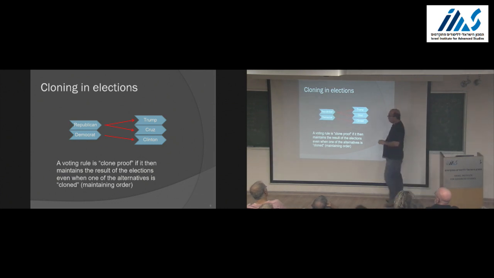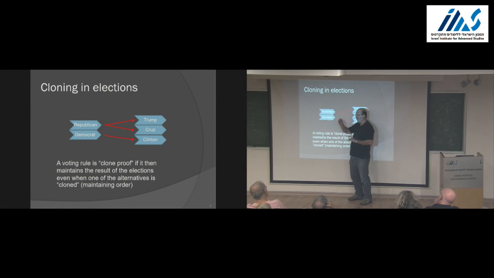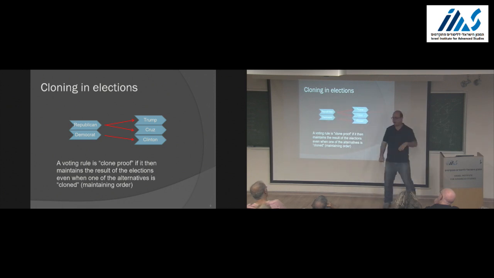So let's say you are trying to choose between the Republicans and the Democrats, right? You're voting for president. There's a property of voting rules that's called cloning, and being clone proof. So cloning is basically, let's say the Republicans decided to nominate, instead of running one guy for the Republican Party, they said we're going to have two candidates, right?